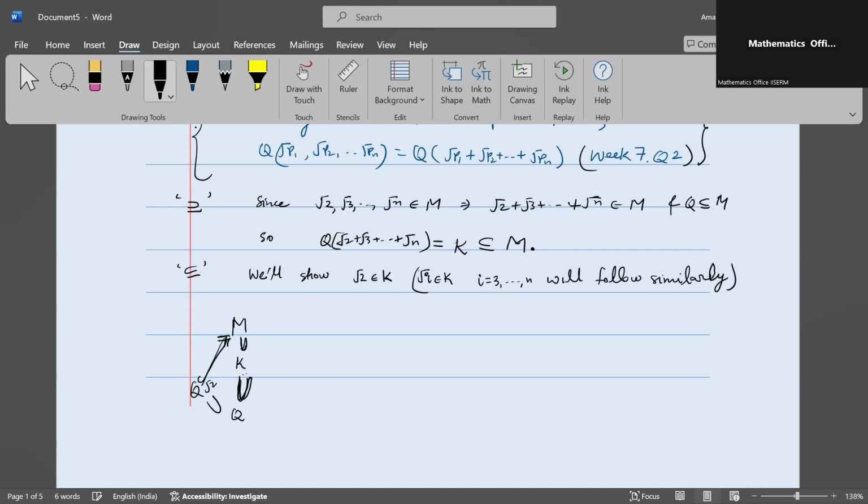Now we have to solve this part: that Q(√2) is contained in K. This is our question. If we just show Q(√2) is a subset of K, then we are done. How will we see this? Let's try.